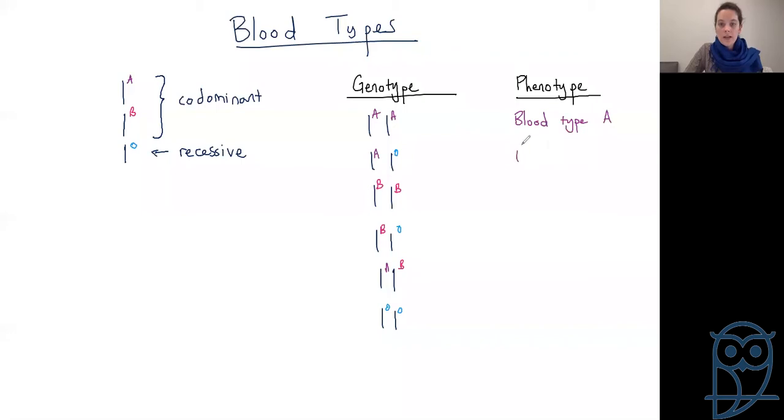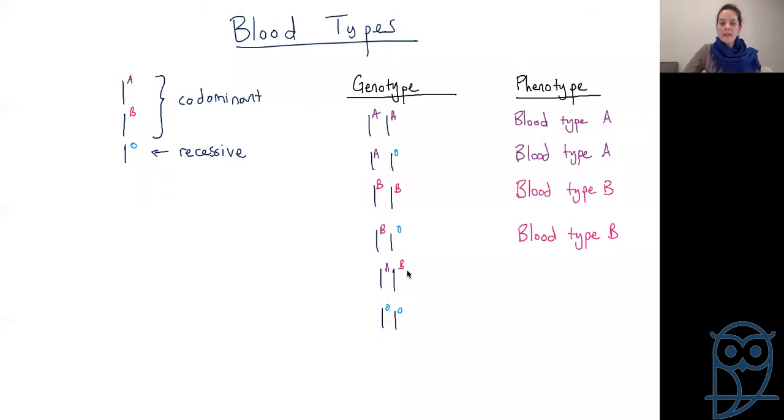So this one would again be blood type A. The next one, B and B, homozygous, straightforward. Blood type B. Next one, heterozygous, B, O. O is recessive. So we have again, blood type B.